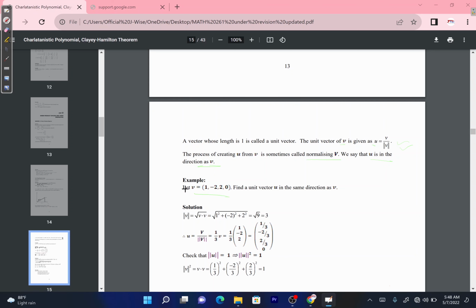So let's look at this example. You have v to be 1, -2, 2, 0. That's 4 dimension. Then we are to find the unit vector u in the same direction as v. So now our u is given by vector v over the norm. First of all, we have to find the norm of the vector v.